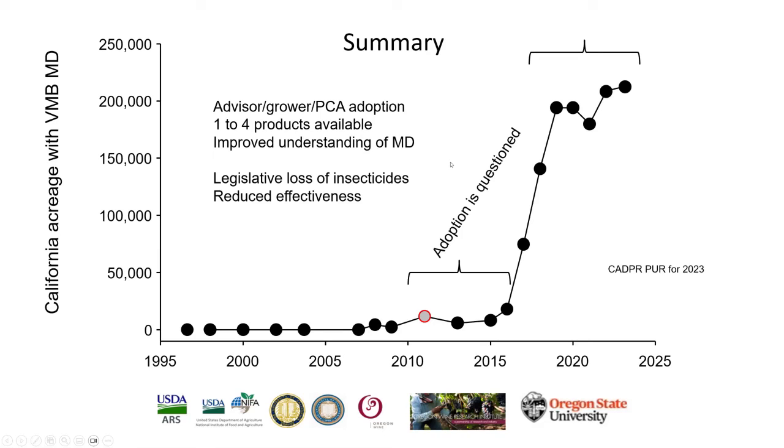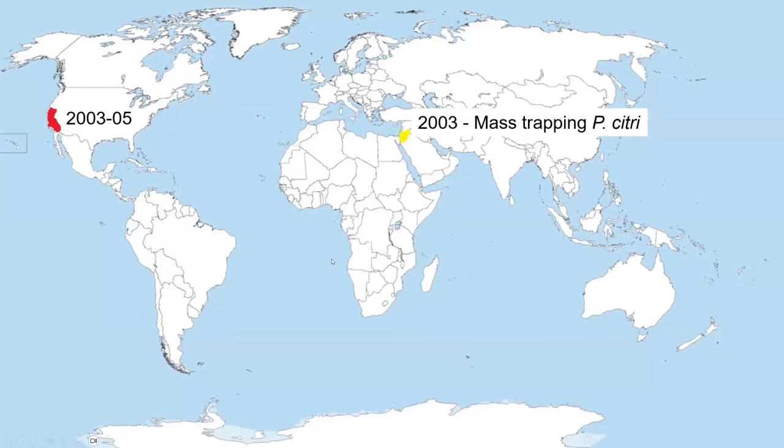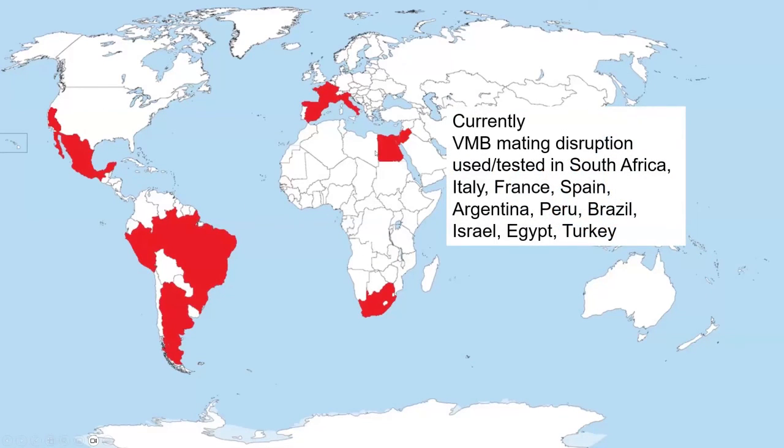We're over 200,000 acres, and it's probably much higher because a lot of growers don't realize you're supposed to report mating disruption in your pesticide use reports as well. So it's increased not just in California. We went from looking at mass trapping in Israel of the citrus mealybug to a little bit of studies going on in California to now mating disruption being used throughout the world.